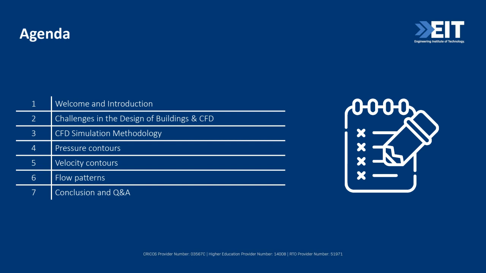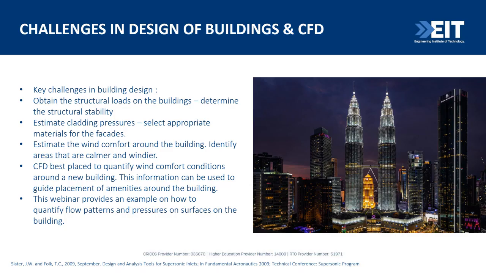And then we will move on to a hands-on demonstration to show how I would go about solving a problem on understanding flow patterns around buildings. And then from there we will extract the pressure contours, velocity contours, and show some flow patterns to understand what's happening to the flow as it moves past the building. And then at the end we have conclusions and Q&A. Okay, so let's move to the next slide.